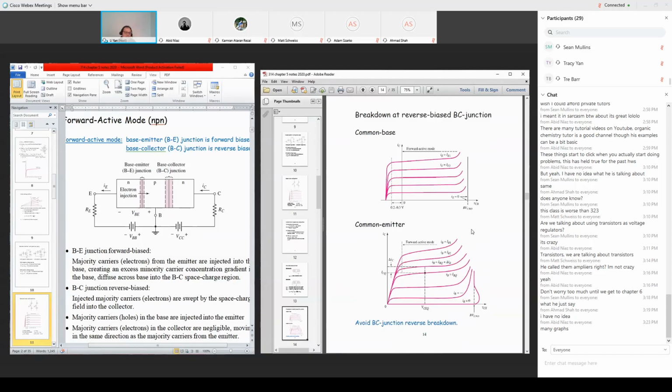You want the base-collector junction under normal reverse bias, but not hitting the reverse breakdown region. So you need the base-collector junction to be reverse biased, but you want to avoid reverse breakdown.